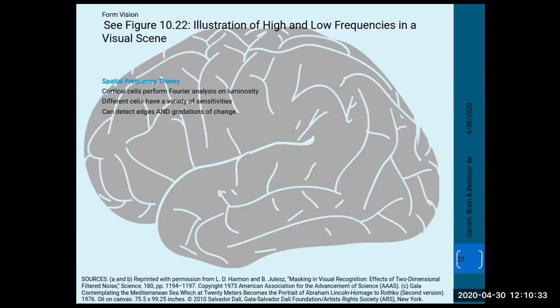The next slide, again, we don't see much here, so I apologize for that, but we talked about in the auditory system this idea of a Fourier analysis, where basically what the cells are doing is taking information, and remember we talked about the difference between sensation and perception.